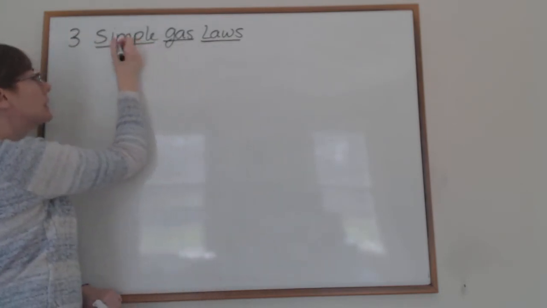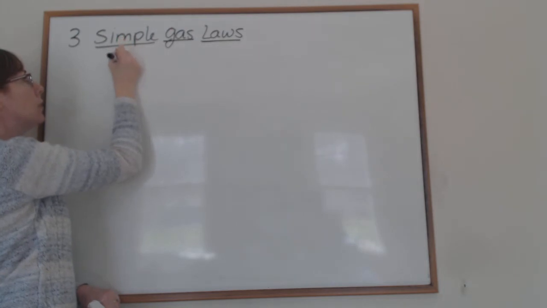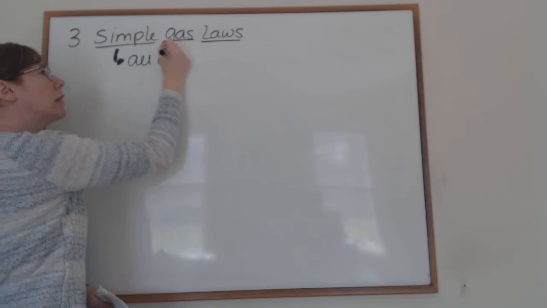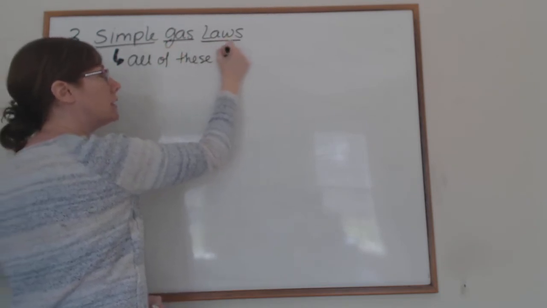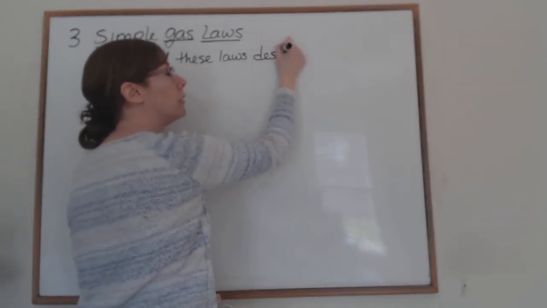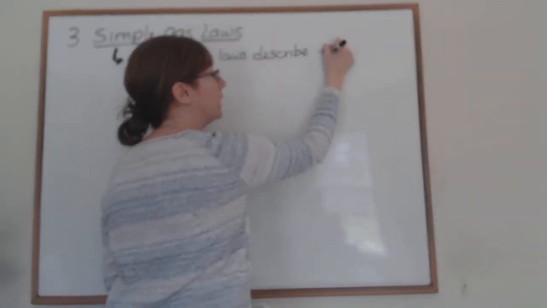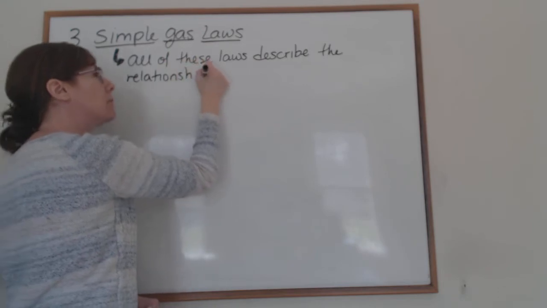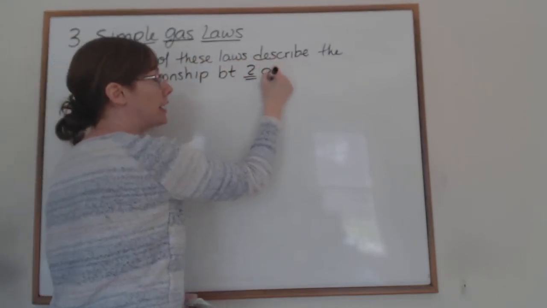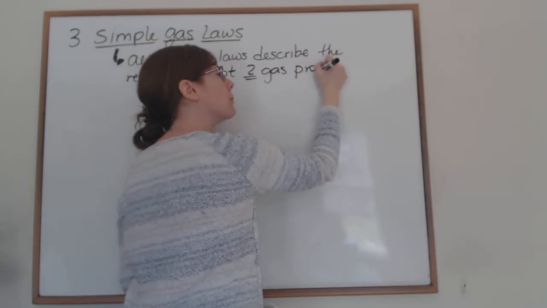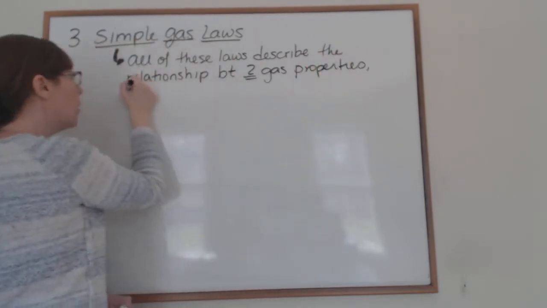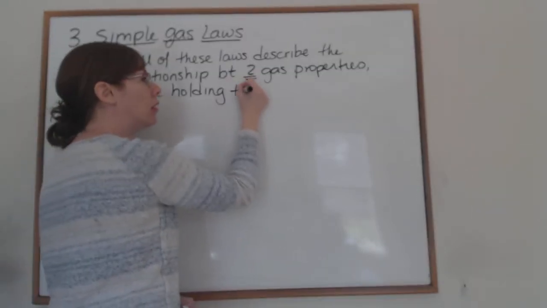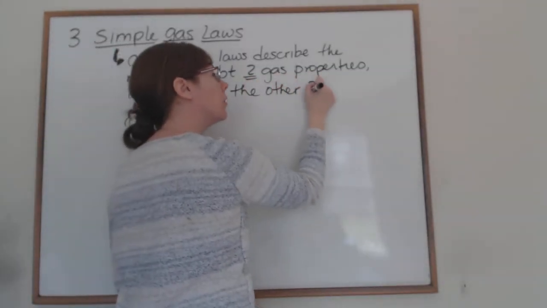It's not that they're hard, they actually are kind of easy, but let's talk about what it means to be a simple gas law. What is the word simple talking about here? So all 3 of these laws describe the relationship between 2 gas properties while holding the other two constant.